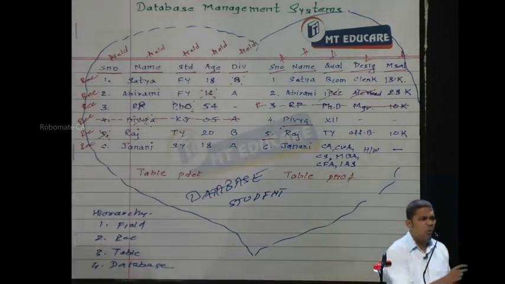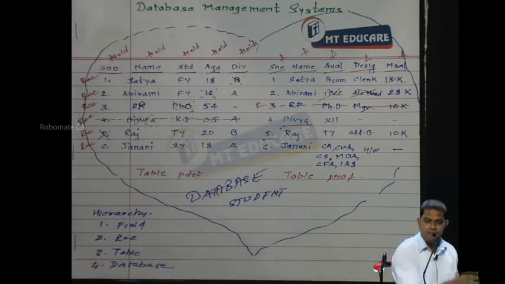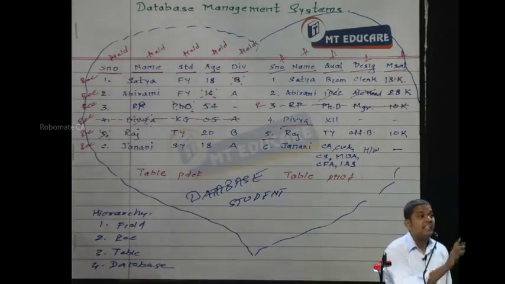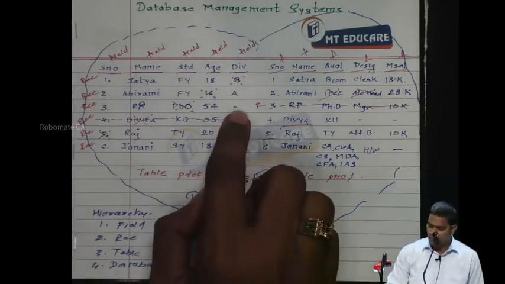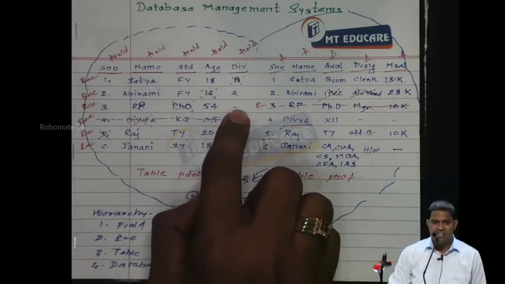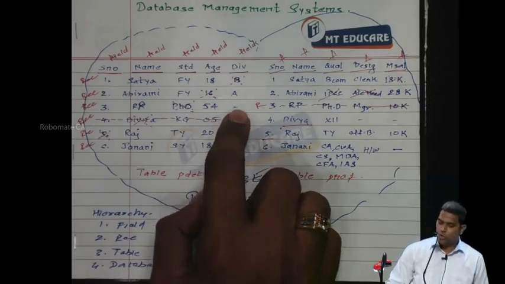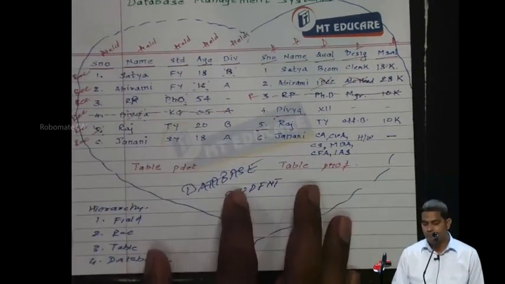Unique manner means one field and that value is never repeated. One field whose value is never null. Null means nothing. For example, see over here, Ram Prakash, is he having the division? No division. This is a null value. So division cannot be that field because it has a null value.